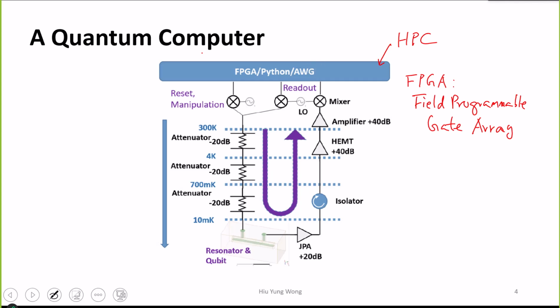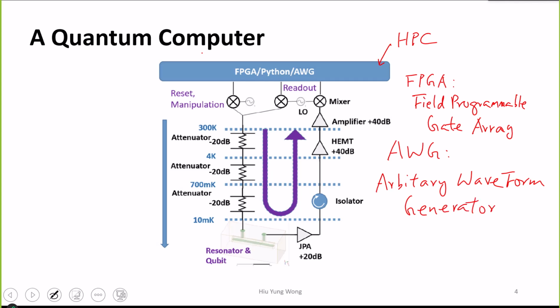AWG is the arbitrary waveform generator. You probably understand why, right? Remember what we said last time about the gate pulse, the manipulation pulse to a superconducting qubit? It was a shape that is not common, right?